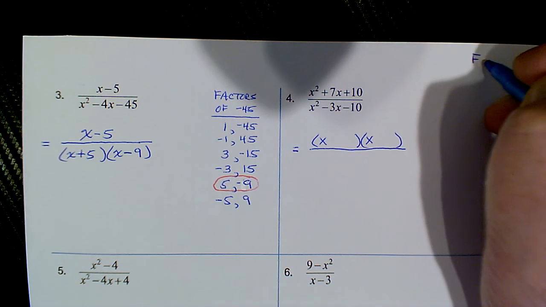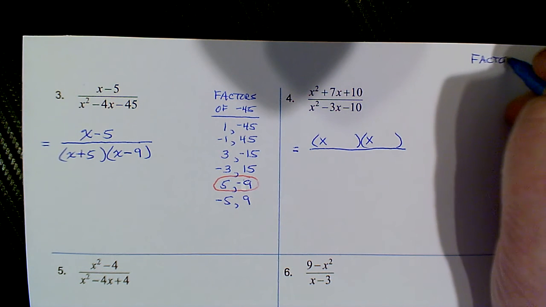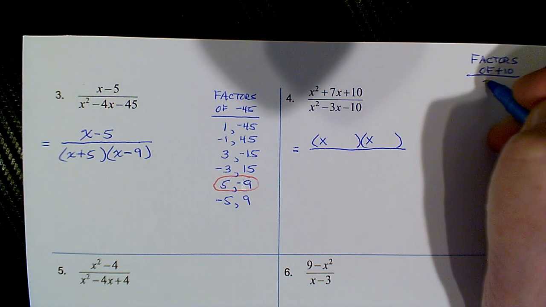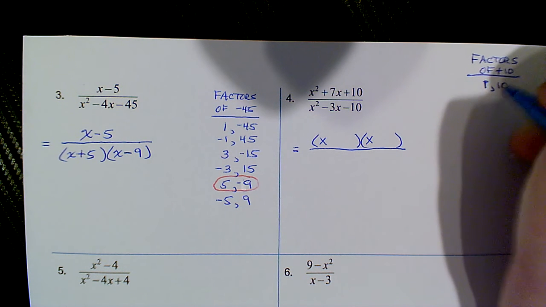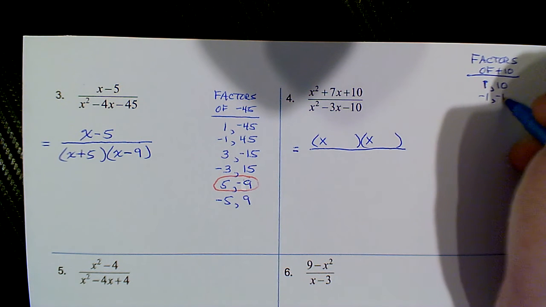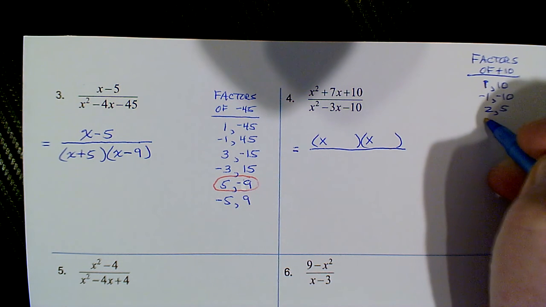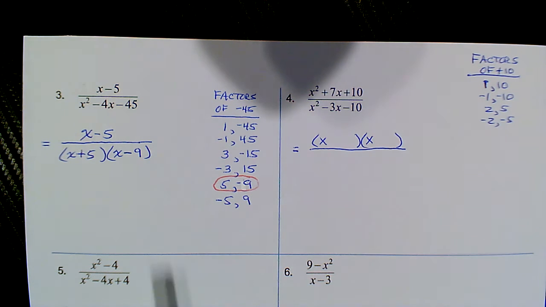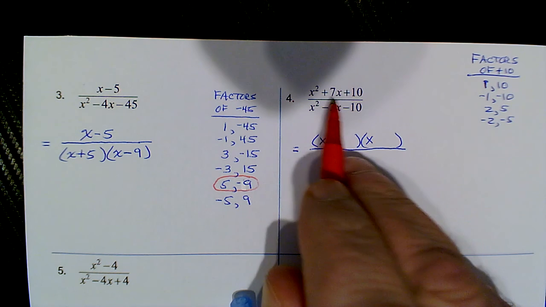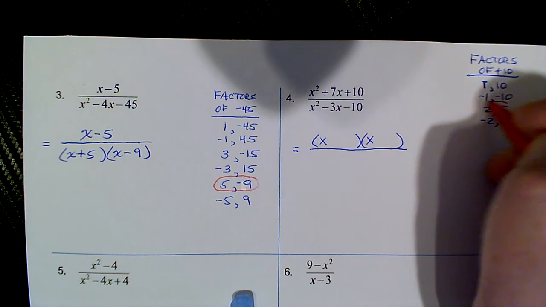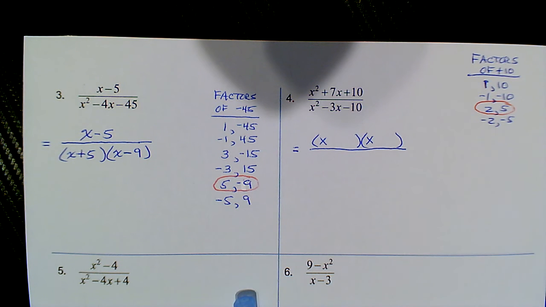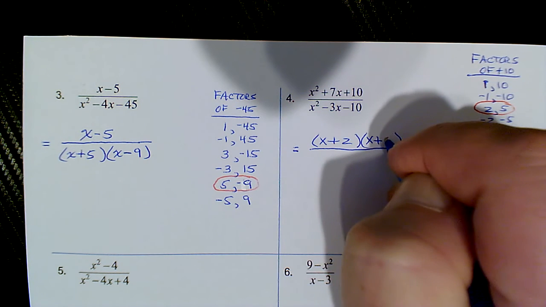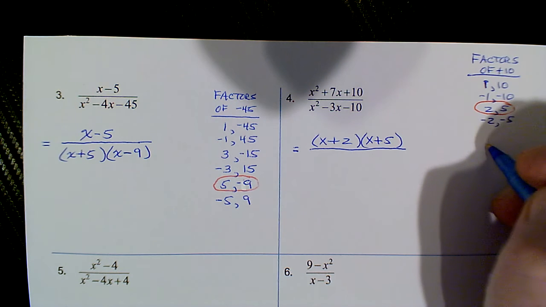Okay, I'll list the factors of positive 10, and that would be 1 and 10, of course, negative 1, negative 10, 2 and 5, negative 2, negative 5, and that's it. So then the pair that adds or combines to give us the positive 7 is the 2 and the 5. Both positive, so x plus 2, x plus 5, doesn't matter what order. Could have written x plus 5, x plus 2.